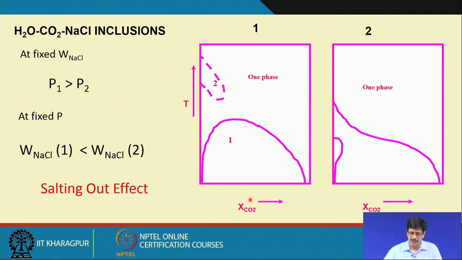In diagram 1 we see the solvus, as we saw before, an asymmetric solvus, and the critical point will be somewhere here, and so this represents the condition in which it will be a two phase situation, an aqueous liquid plus a carbonic liquid, and it will be one phase. And what we see here is that there is also a region of immiscibility.